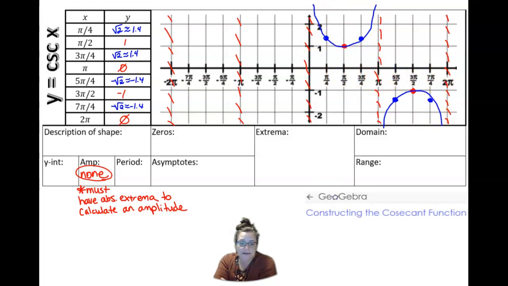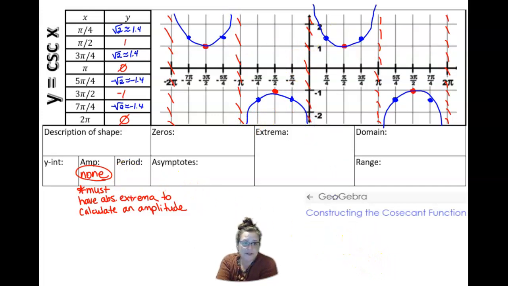Now we can repeat this cyclic pattern by making our relative extrema, and then we'll put in our -√2 guide points and our +√2 guide points. And that will be the parent graph showing 2 cycles of cosecant.